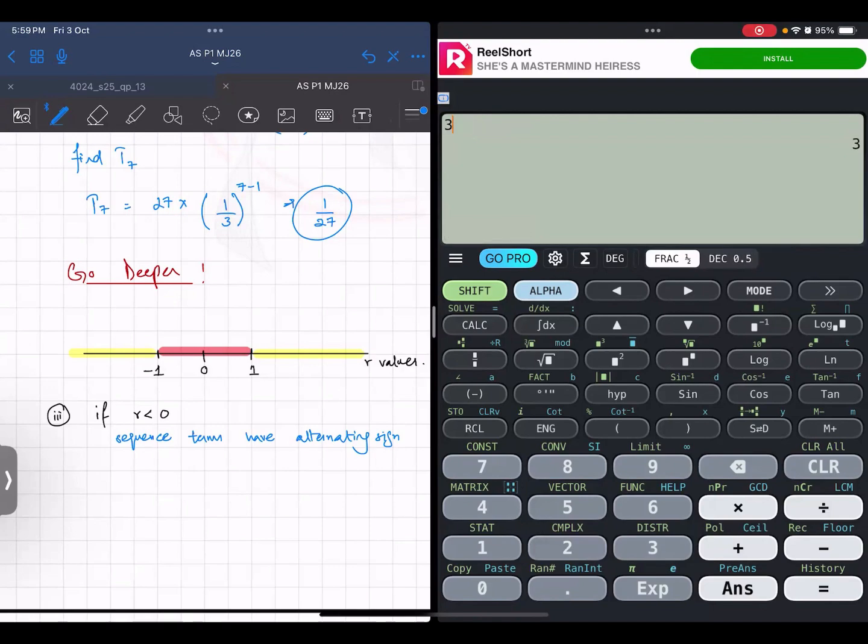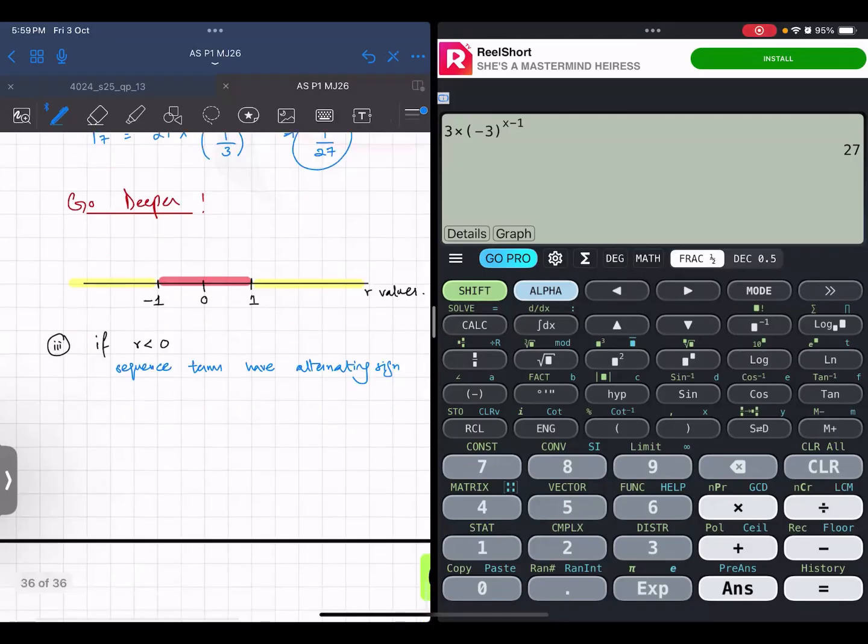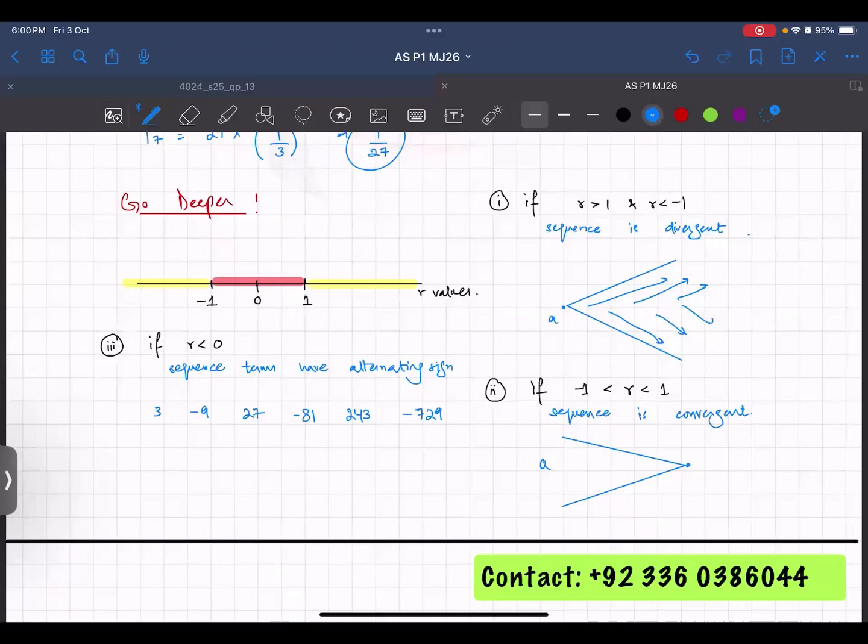Then the third term would be +27. Then the fourth term would be -81. So it goes 3, -9, +27, -81, +243, then the next is negative, and this is the sixth, 729. So plus, minus, plus, minus.